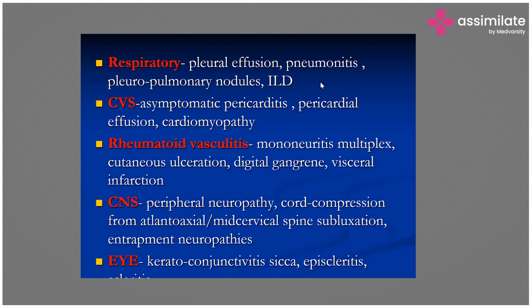Impingement of the spinal cord, and this is what I was telling you, which part of the cervical spine. Always remember, atlantoaxial, there is a thickening at the atlantoaxial joint, and in the mid cervical spine it can cause subluxation, and there are entrapment neuropathies. What is subluxation? See, these points you have to remember, the technical points.